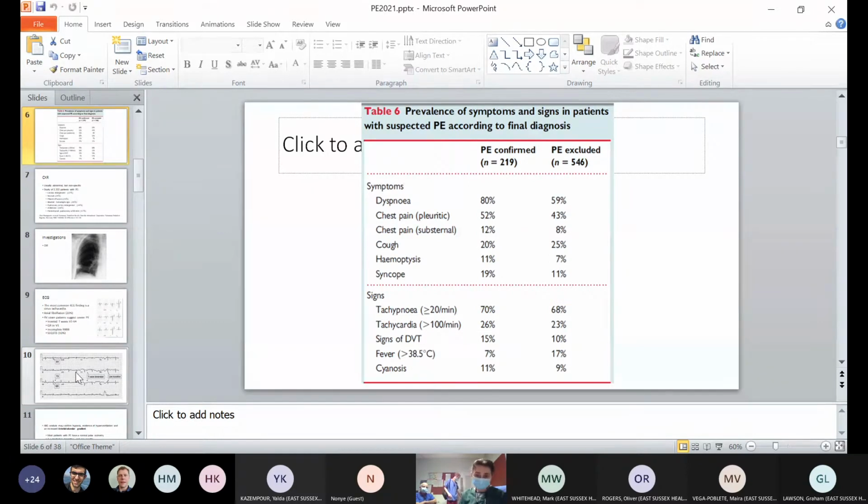So what we're saying is that PE symptoms are not specific. If you take people with suspected PE, as you can see in certain studies, almost a similar percentage of people will have breathlessness with PE and without PE, and the same for pleuritic, substernal chest pain. If you look at these, equal numbers of symptoms occur in the confirmed PE and the excluded PE groups.